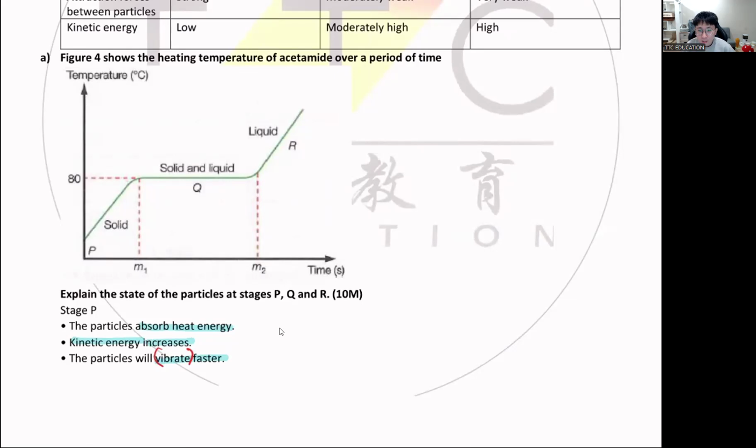Do we write in point form? Guys, in the exam, don't use points. You just write in sentence, full stop, sentence, full stop, sentence, full stop. You can go in a different row. Okay, you can say stage P, different row. But don't include the pointing, the numbering, don't put in. Just put in the sentence.